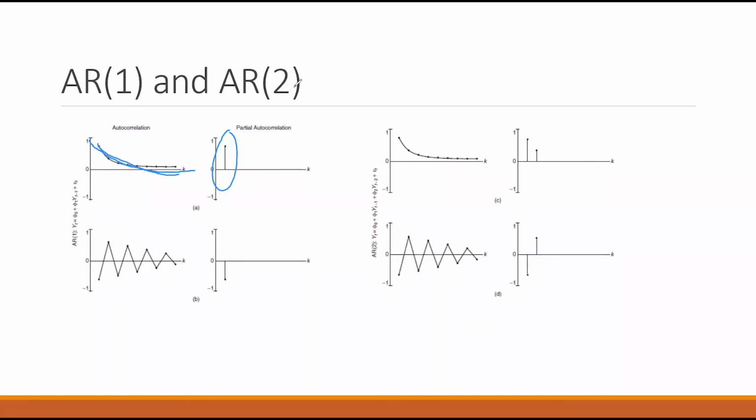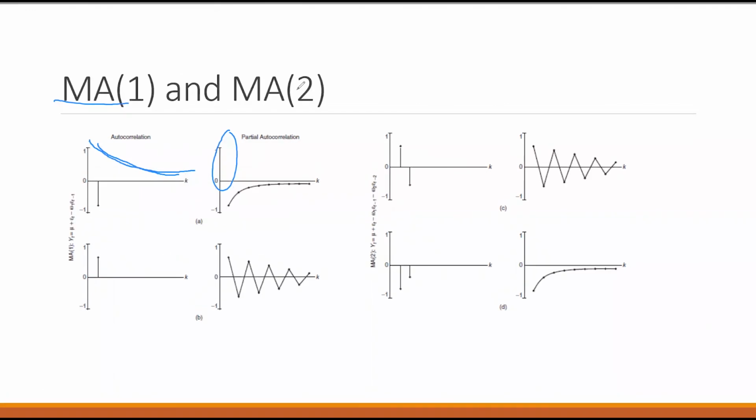Okay, and when we observe dying off in autocorrelation, but cut off in partial autocorrelation, that tells us that we have an AR process. And based on the cutoff lags, we determine the level for the AR process.